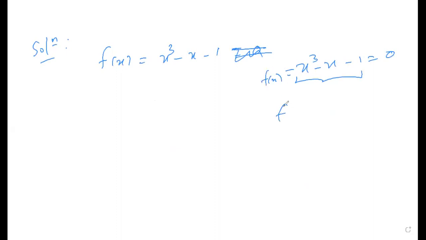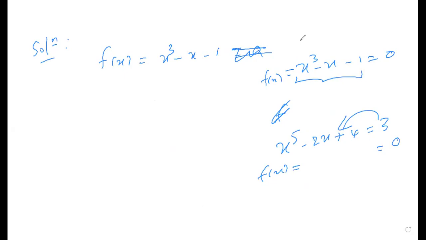Or some question may give, for example, x to the power 5 minus 2x plus 4 is equal to 3. Then you have to equate to 0, then take it as f of x. So these are your choices.